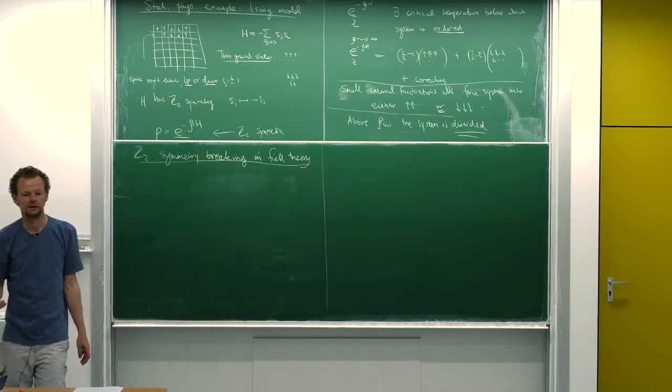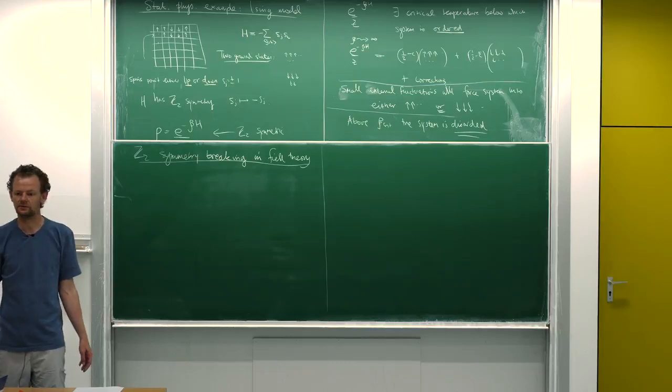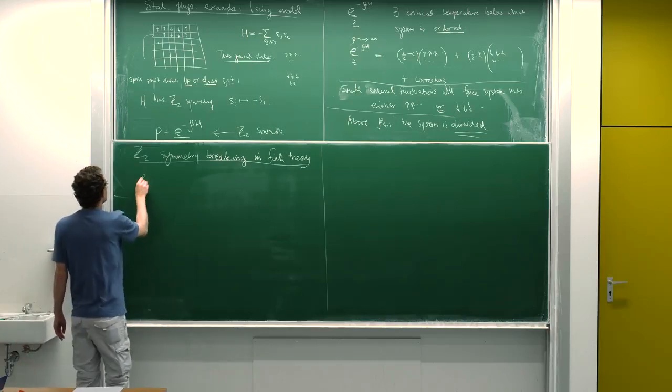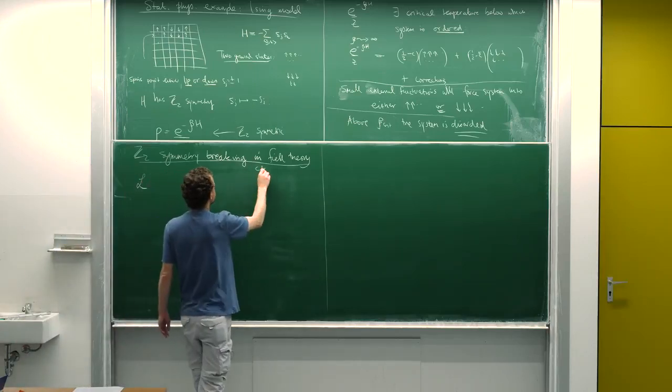Let's cover the canonical, simplest first example of symmetry breaking in a field theory. It's all classical still.